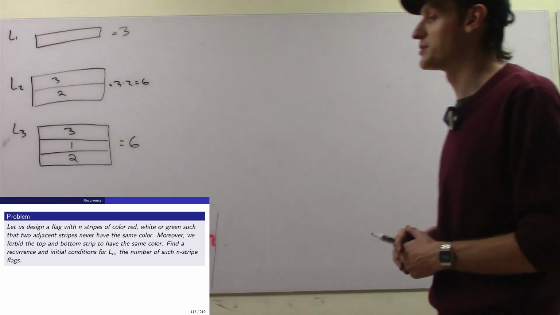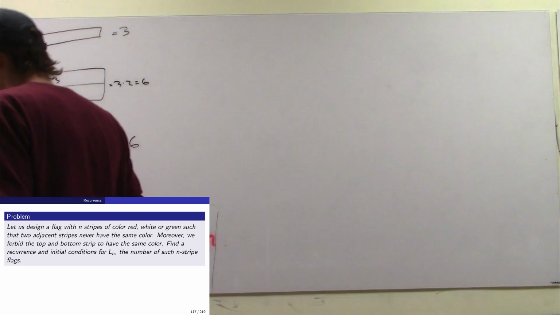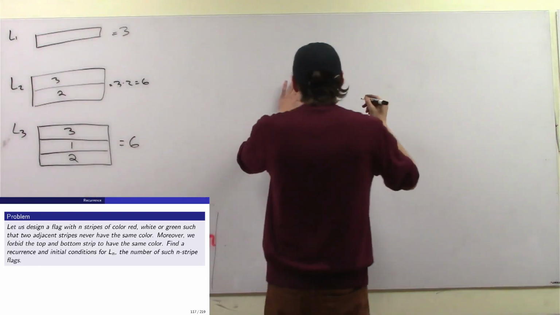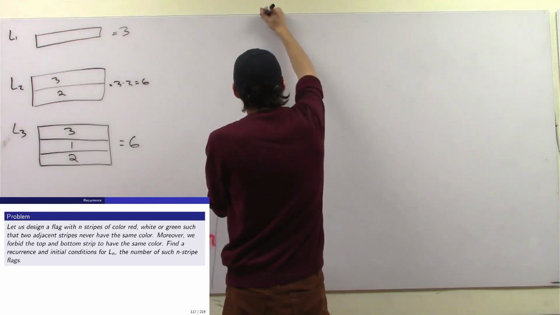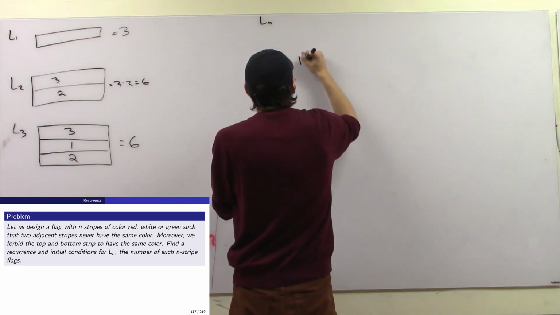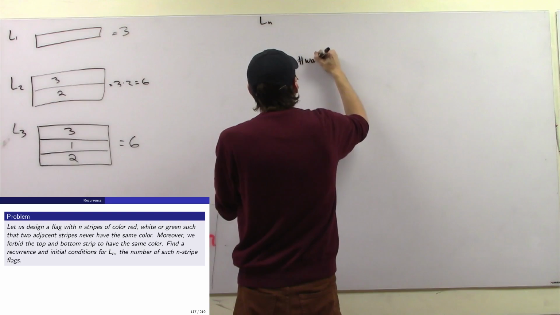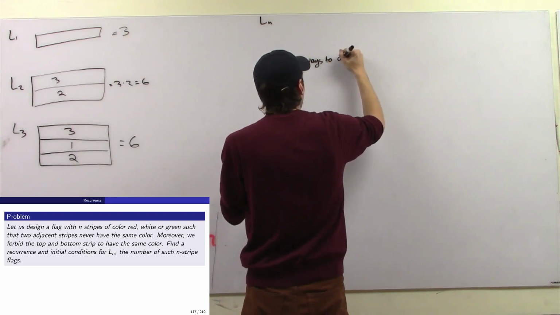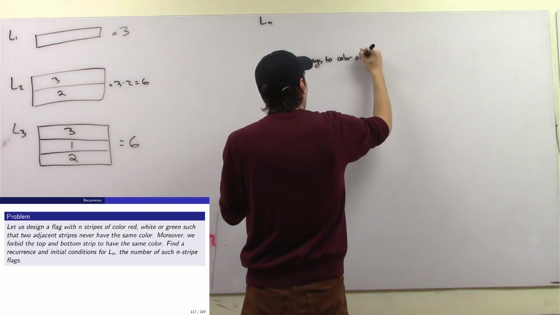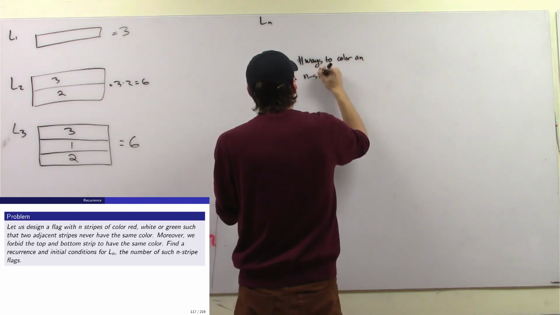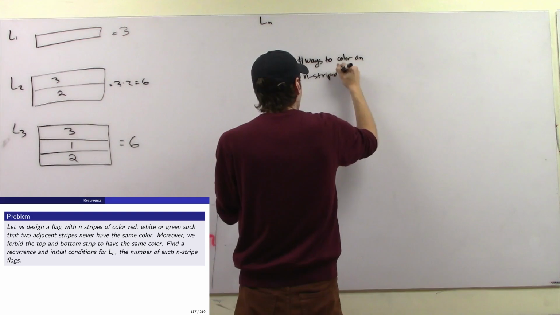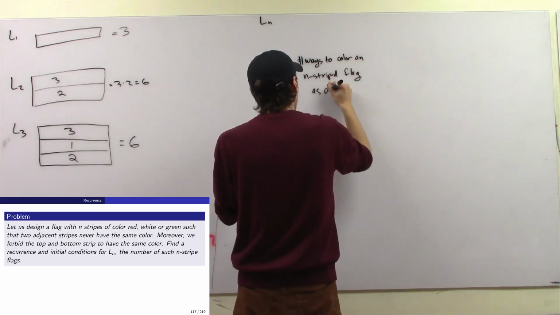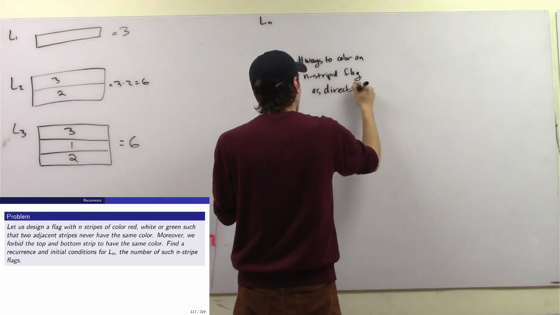What I want to do now is solve this in general. So I'm going to do a recurrence relation. So for L sub n, I'm going to do number of ways to color an n-striped flag as directed. And by as directed, I mean I just don't want to write out the whole problem.